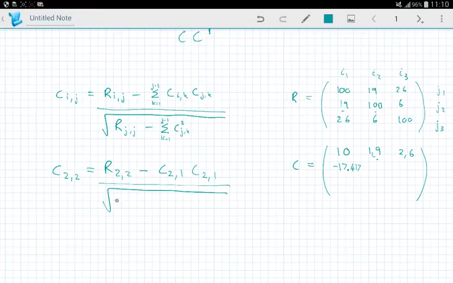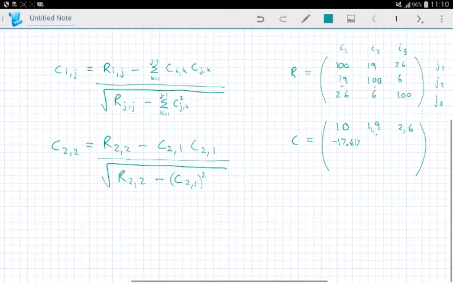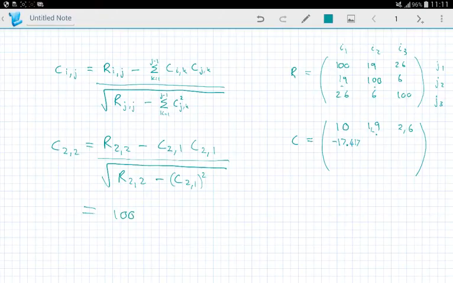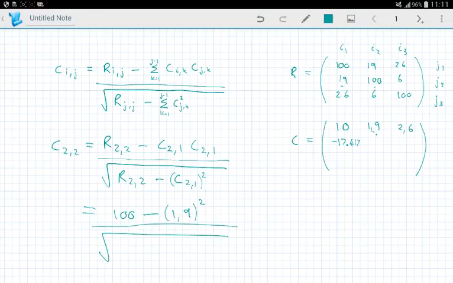Again, by the square root of R22 minus J. So we're just going to have the one value, which is C21 squared. R22 is equal to 100. C21 is equal to 1.9. We're going to be squaring that now. Divide that by the square root of 100 minus, it's weird, it's like the same thing over here at the bottom.